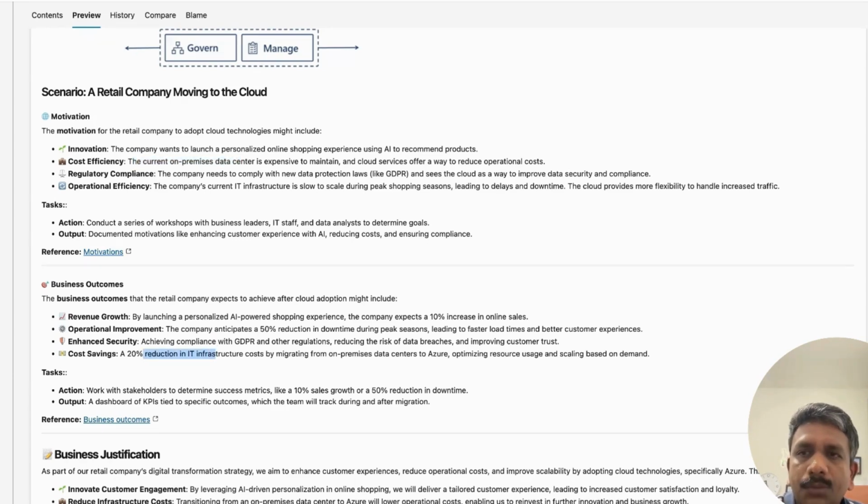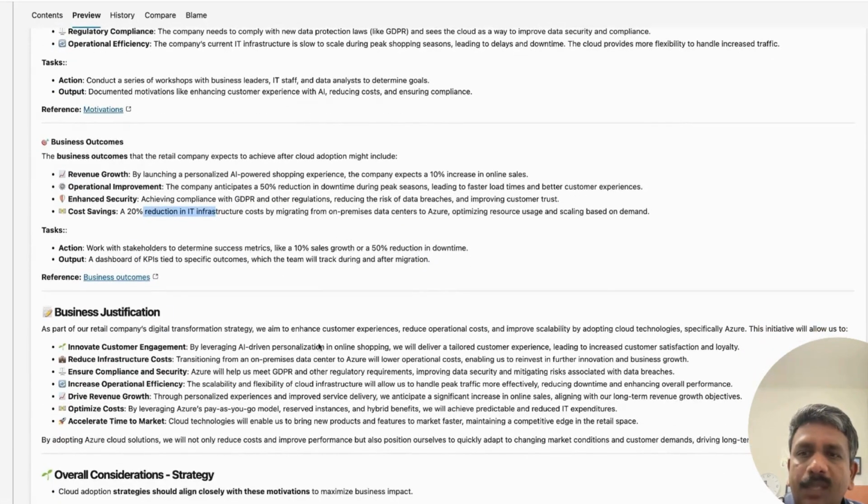So basically you should know why you want to migrate to cloud, and by migrating what you want to achieve. And then you put together a justification. The justification should have both your motivation and what exactly the outcome you are expecting, and that will be presented, and if it is approved then you will move forward with the other phases.